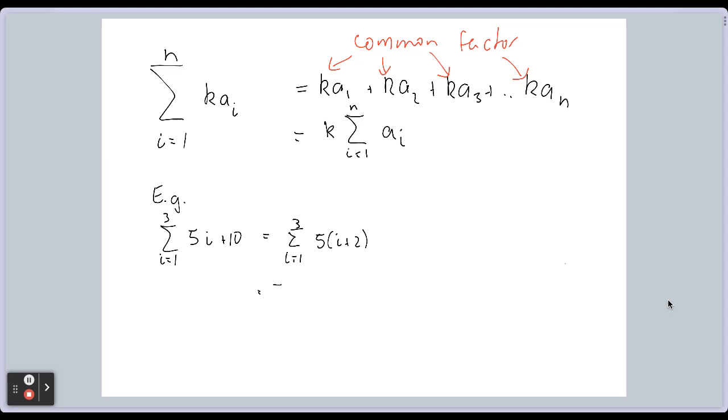And so I can take out the common factor of 5 out there and then just sum the simpler sequence of I plus 2.